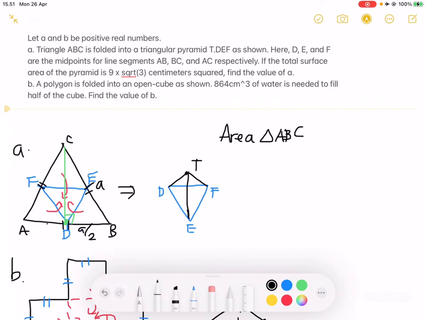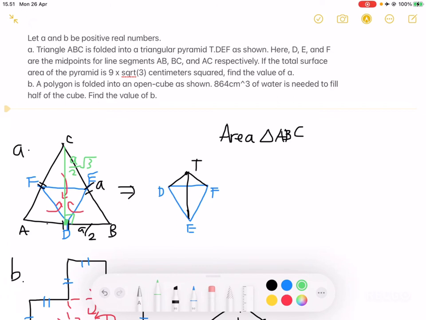And we can use the Pythagorean theorem to find the length of CD. Or you can use trigonometry if you would prefer that way. However, you would end up with a result of (a/2)√3.